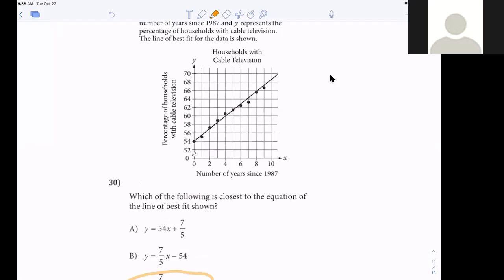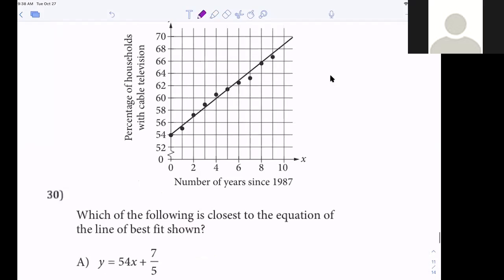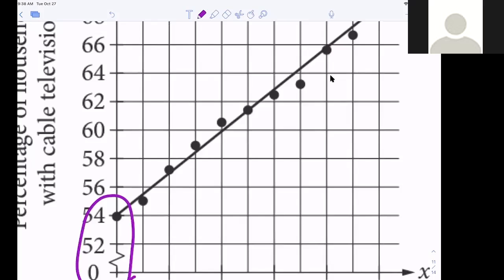So what point is on the graph for sure? 0, 54, right? Now I'm looking, following along, trying to find another point that's exactly on the graph. 5, like 5. Oh, I like 4 even better, guys. 4 is the one I would choose. 460.